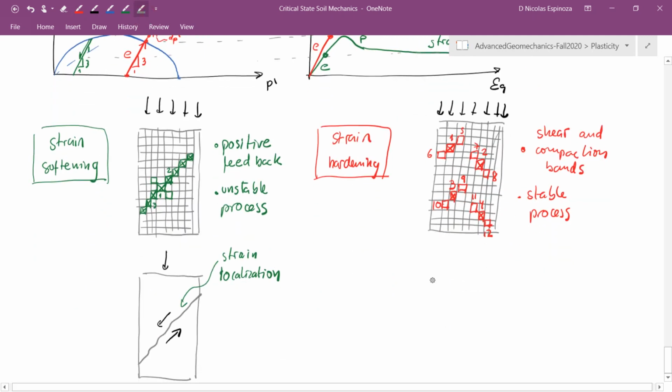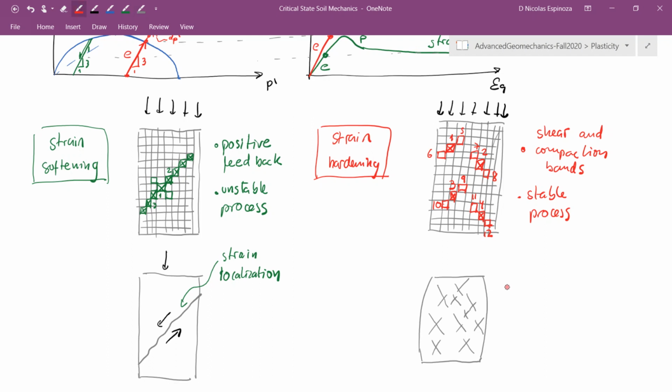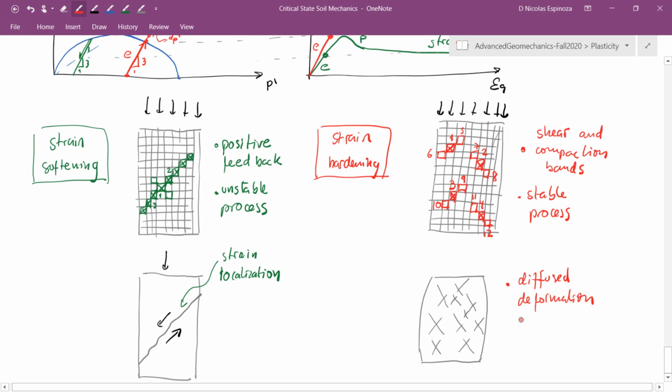And a material which has failed under these conditions, instead of having a clear and visible fracture, is going to have multiple fractures or strain localization regions, not really fractures, that develop strain localization, but they do not coalesce into a single strain localization feature. So this is going to be diffused deformation and plastic strain.